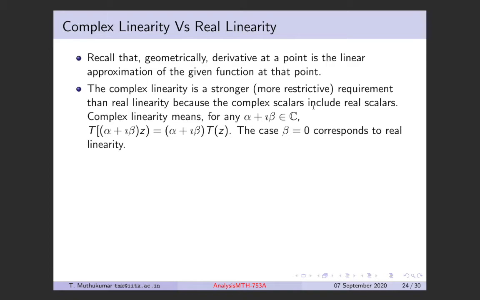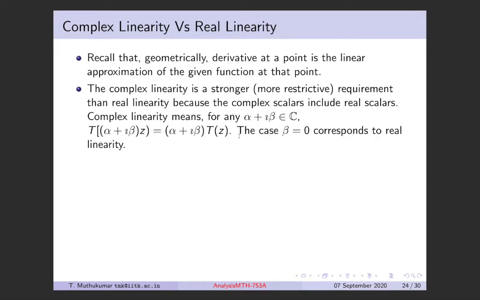This you can see easily from the definition itself, right? Because when you say complex linearity, you are going to take scalars from the complex numbers, and you want T of the scalar multiple to respect the scalar multiplication. But complex numbers include real numbers.